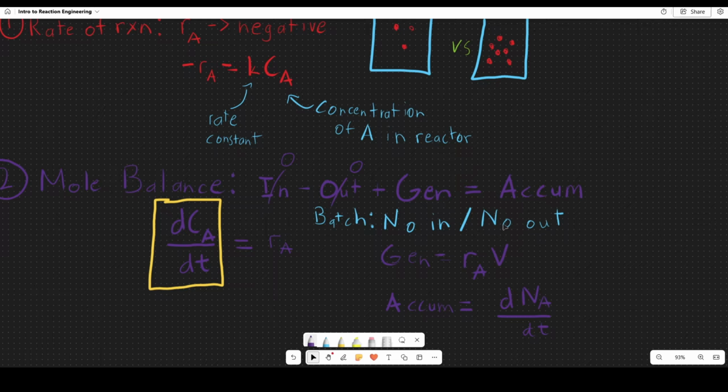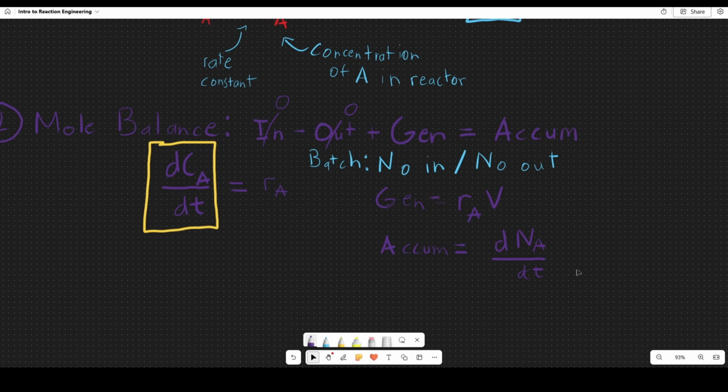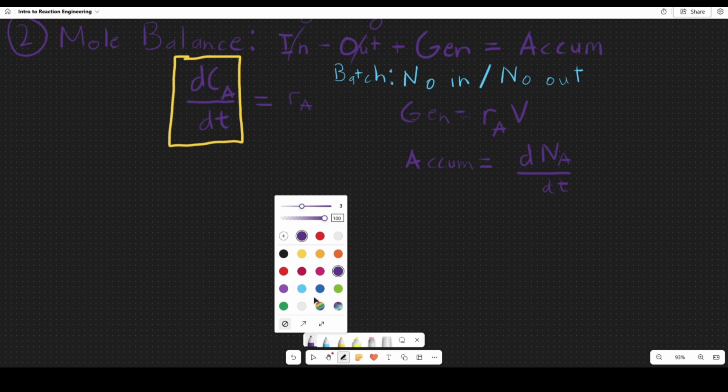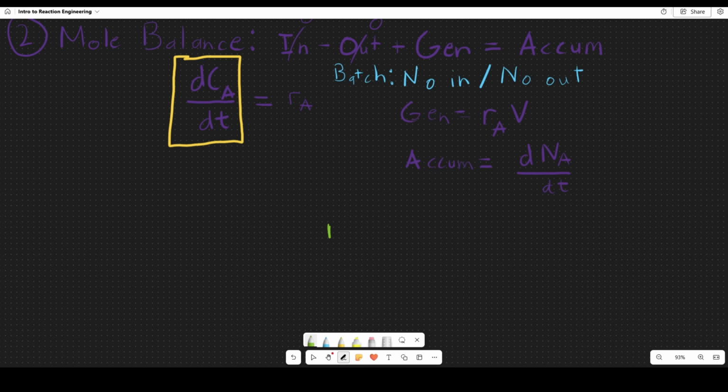And so this is why we have a differential going on for the accumulation term. Okay, so now that we have generation and accumulation, let's rewrite this equation. I'll use green now. So we have R sub A times V is equivalent to dNA by dt.